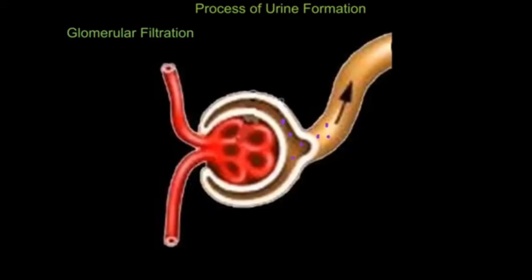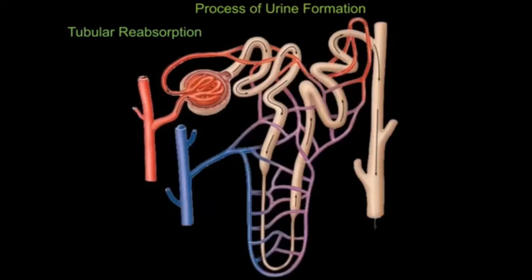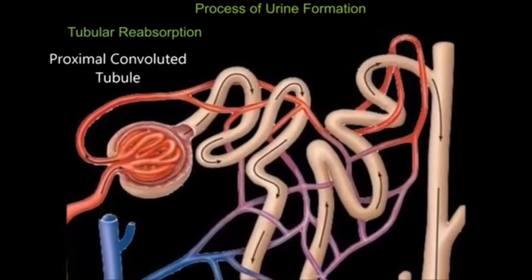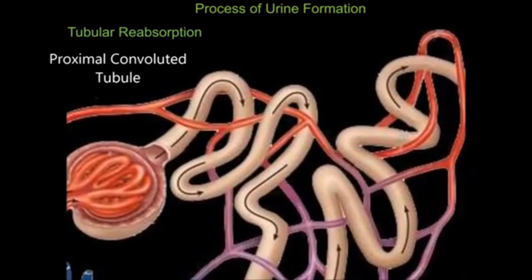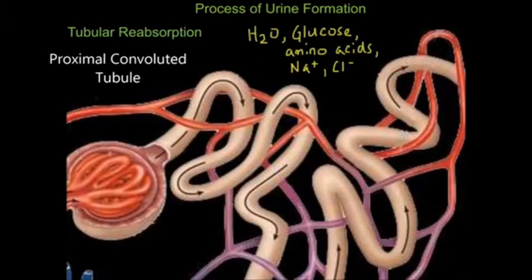After Bowman's capsule, the filtrate moves into the proximal convoluted tubule. Taking a closer look at the proximal convoluted tubule, we see that substances such as water, glucose, amino acids, and ions such as sodium and chloride are reabsorbed back into the body via the peritubular capillaries.